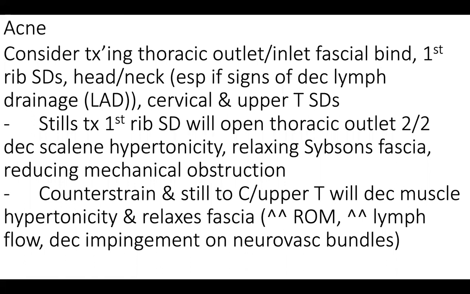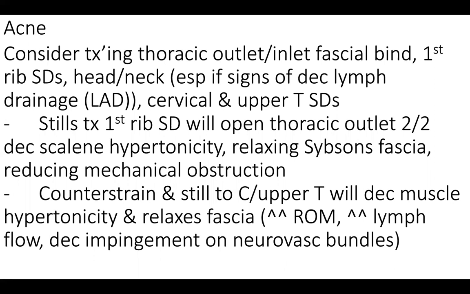Okay, so for acne, think there might be a lymph drainage issue. So consider working on the thoracic outlet or inlet, where fascia is bound. Maybe look at first rib dysfunctions and look at the head and the neck.